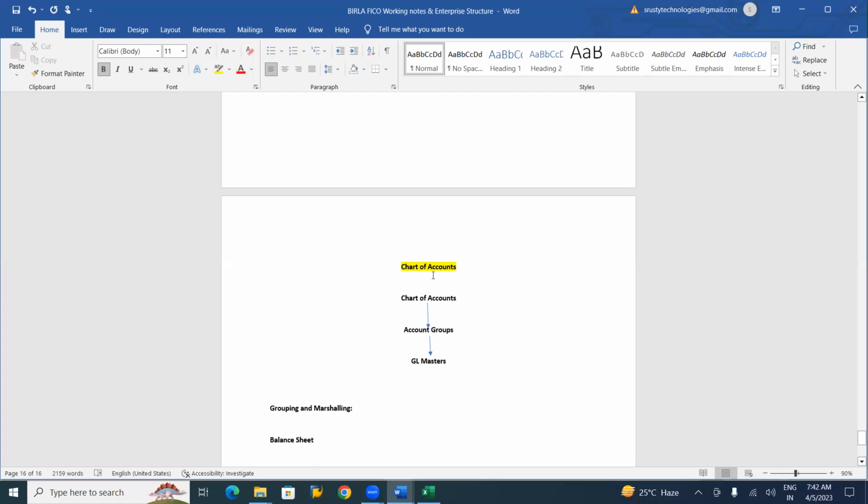Before I go to the chart of accounts, I would like to explain grouping and marshalling in the academic accounting part. This is very important because when we go to a consulting firm's client place, for example, he is a sole trader firm, but he wants to implement SAP.